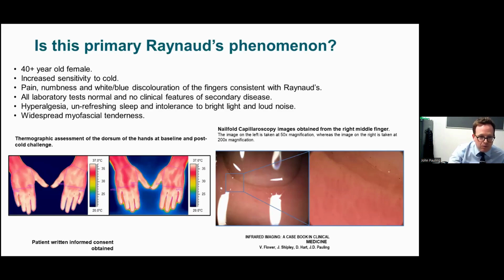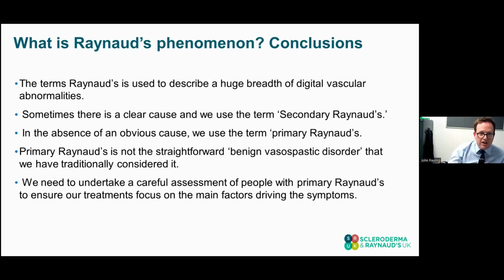And I think in some people with Raynaud's symptoms, the issue may be cold intolerance, and again that the blood vessels are actually behaving quite normally in response to cold, but the symptoms are being amplified as a result of some other factors. And again, in this group of people, the management may differ as a result of identifying aspects such as this.